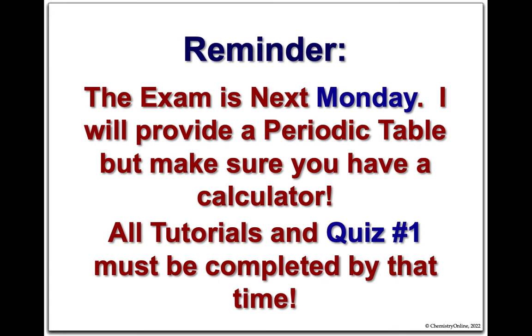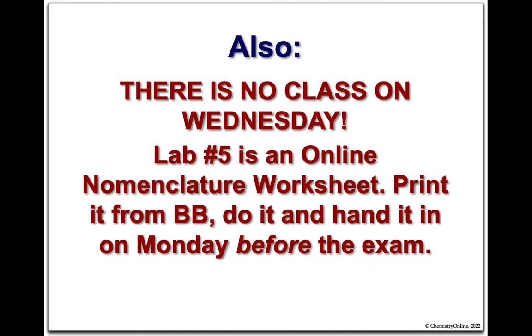But if you want credit, you have to do them before we take the exam. Remember, no class on Wednesday. Instead, do the nomenclature sheet, hand it in Monday, a week from now, before we take the exam.